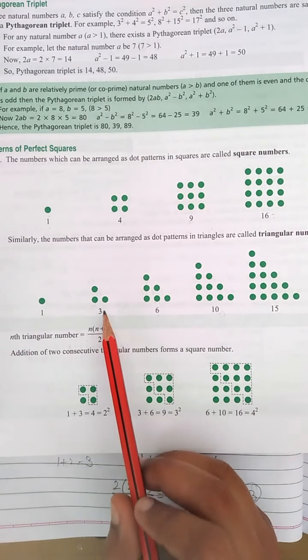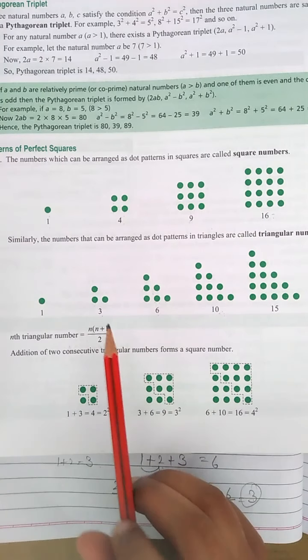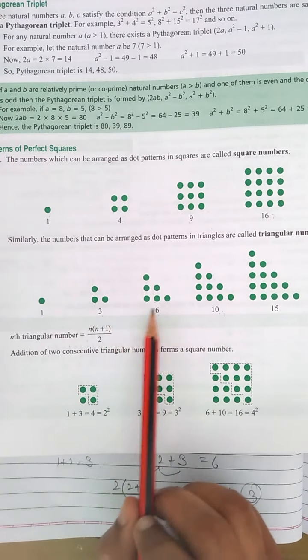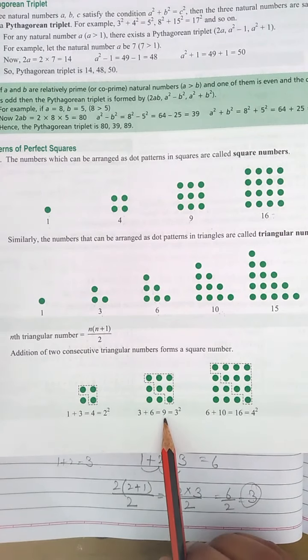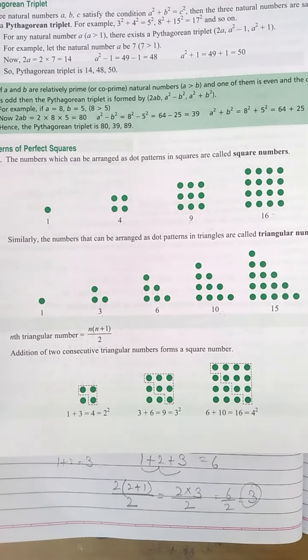So similarly, if we add these two consecutive triangular numbers, then it is equal to 9, which is the square of 3. So in this way we can find the square number from addition of two consecutive triangular numbers.